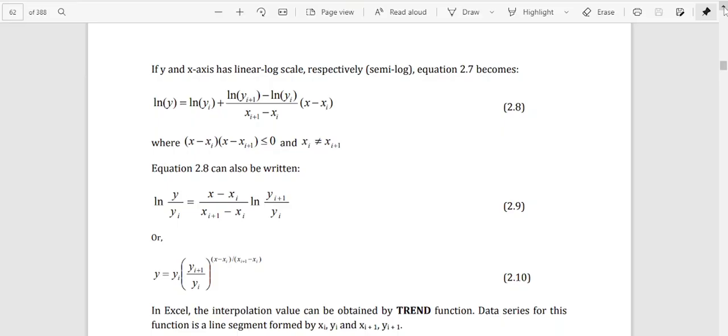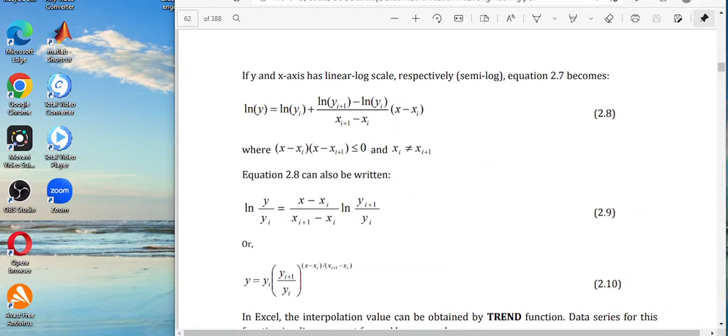So when you have a logarithmic scale on one axis and a linear scale on the other, are you going to use the same formula? The answer is no. So this is the formula you're going to use.